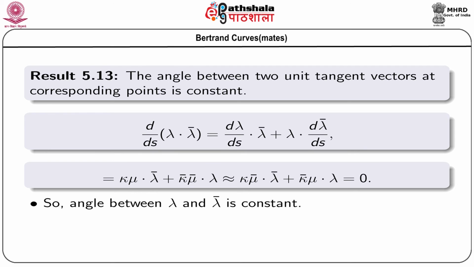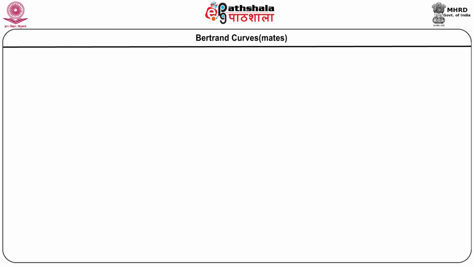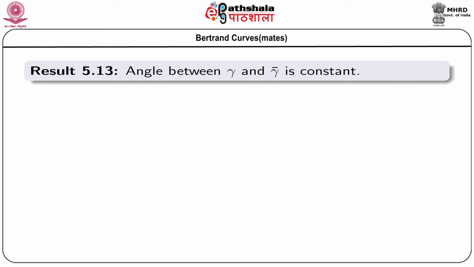That means d/ds of lambda dot lambda bar equals 0, so we can claim that the angle between lambda and lambda bar is constant. In a similar manner, we can prove that the angle between gamma and gamma bar is also constant.